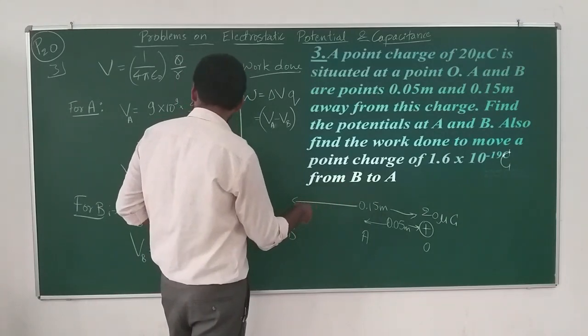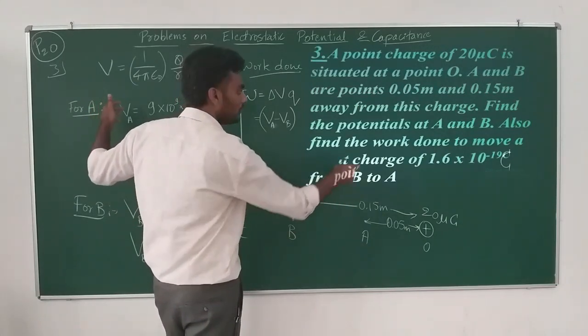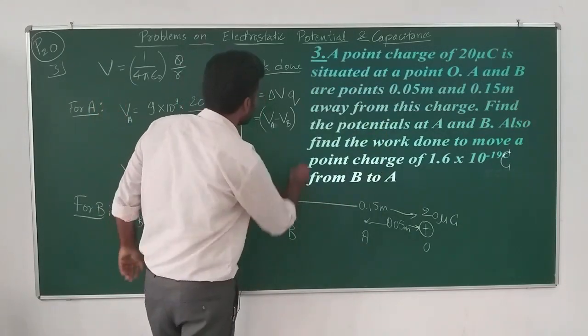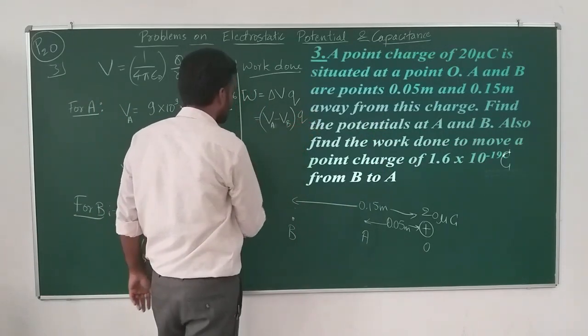What is the charge I am moving? Yeah, there it is, 1.6 into 10 to the power of minus 19 coulomb. Let us substitute it now.